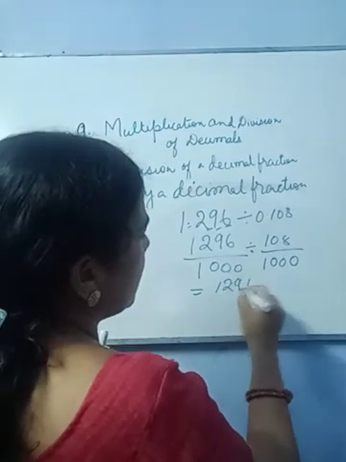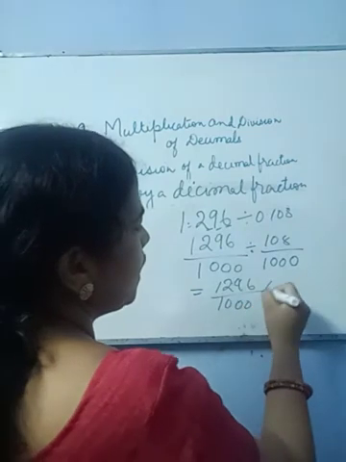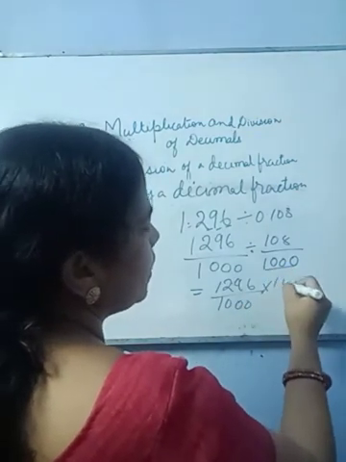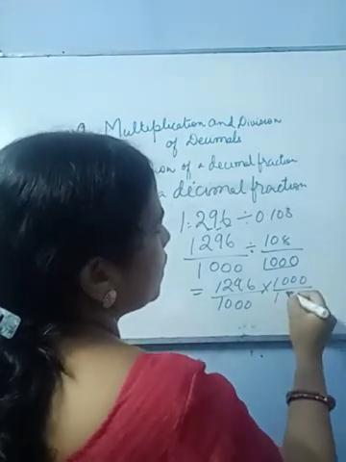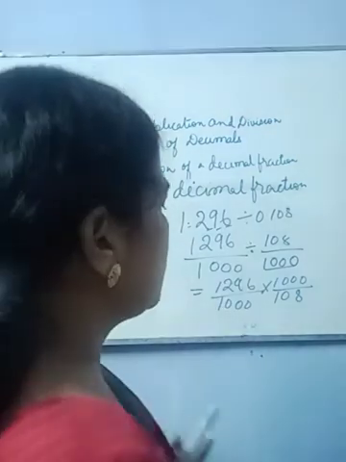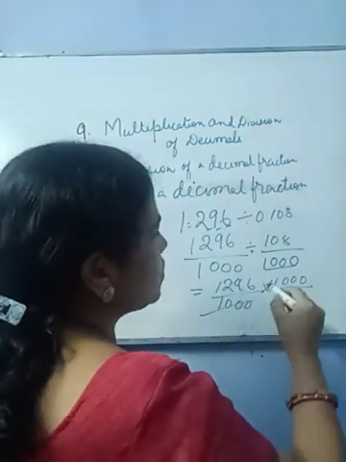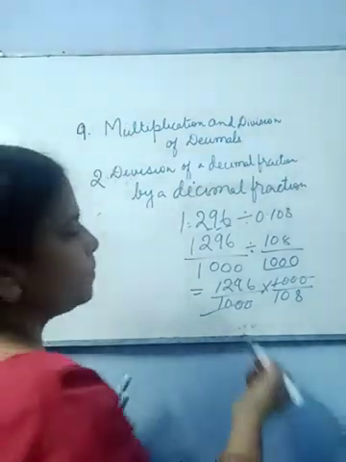1296 divided by 1000, the denominator becoming numerator, 1000 divided by 108, the numerator becoming denominator. Now you see this 1000 is cancelled. Now what you have to do?